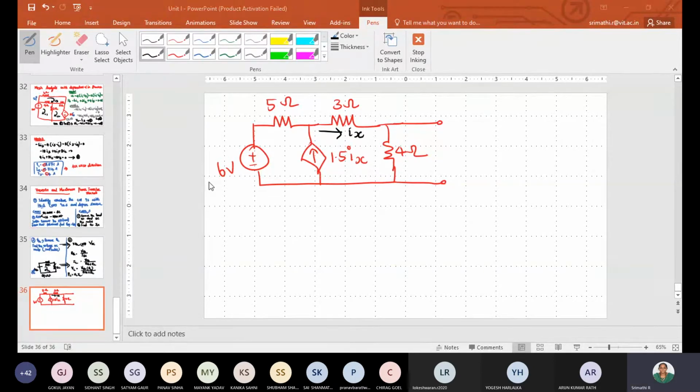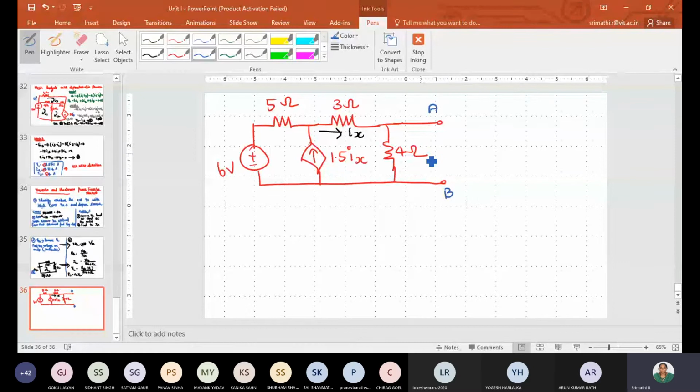Find the Thevenin's equivalent circuit to the left of the terminals A and B.